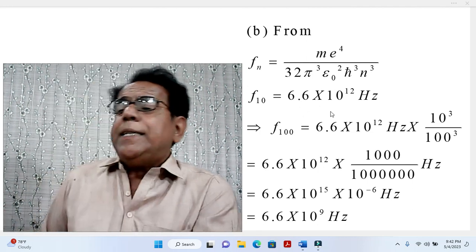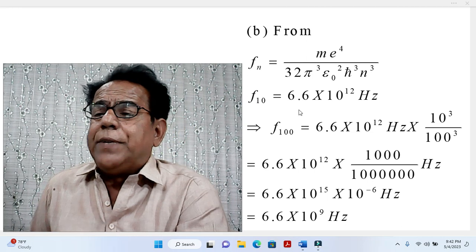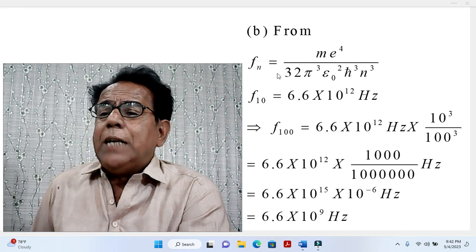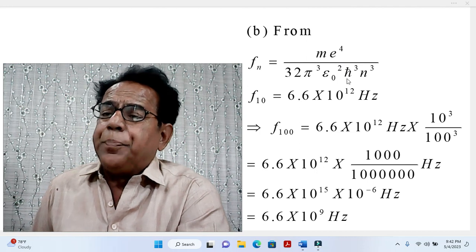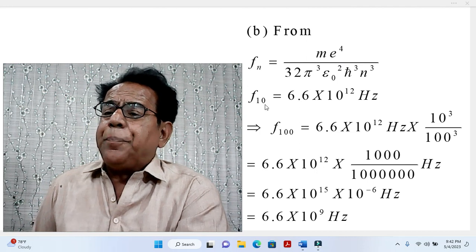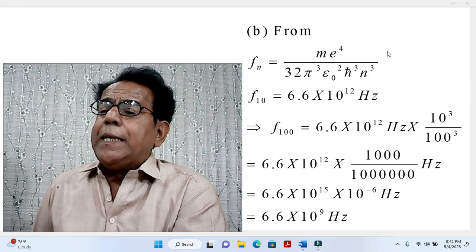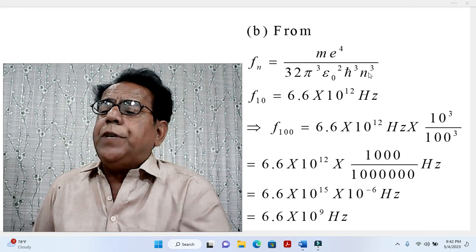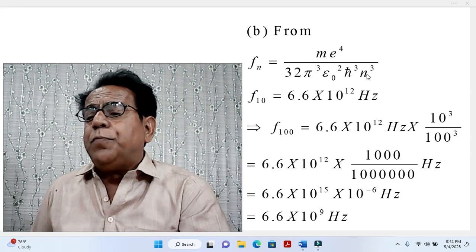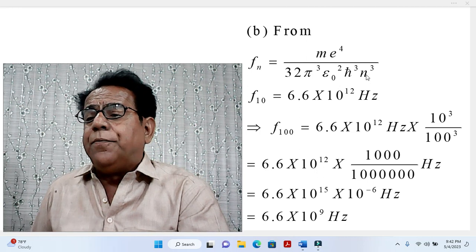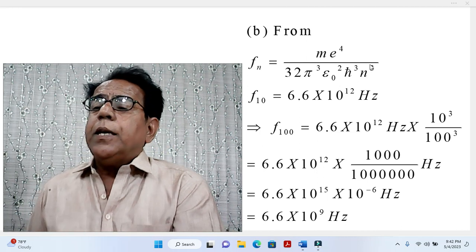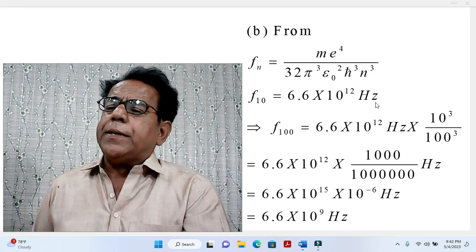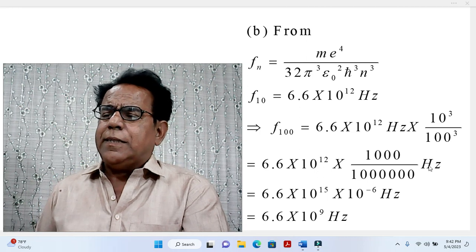It is quite clear that when F10 is equal to this, and n cube is in the denominator of the expression, in case of 10 this is 1000. So when we multiply it by 1000, this n cube will disappear, and in place of this n we want to bring 100. So 100 cubed will be used in the denominator.